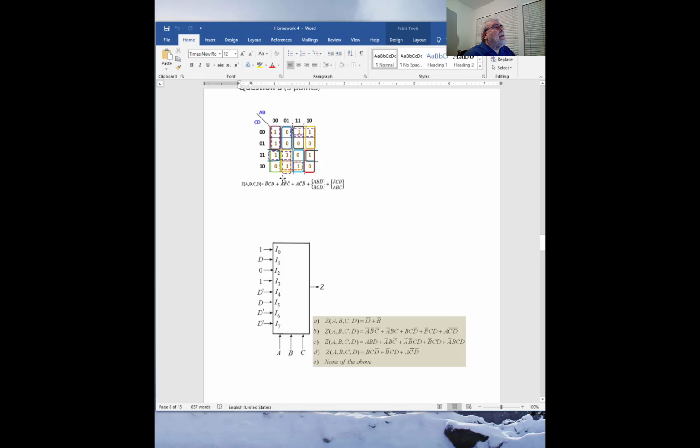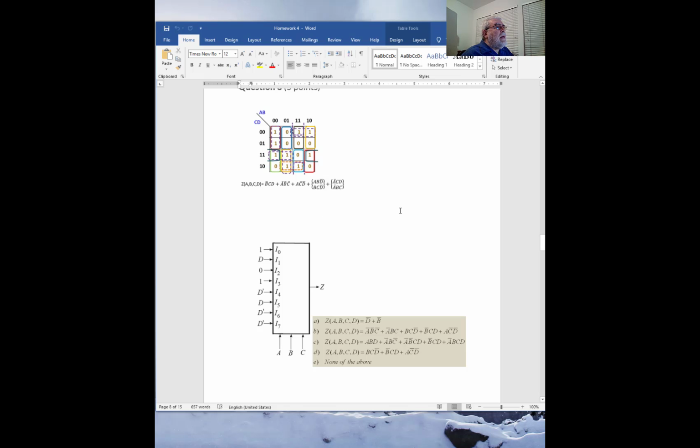In this case, one of these two that you can choose, and one of these two, which I think is A naught BC, and the other one is BCD naught. Okay, the rest are okay. So check that, and it's not that complicated.